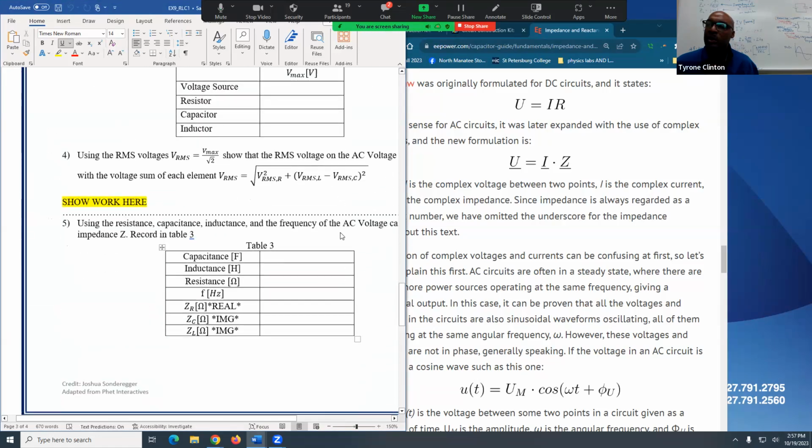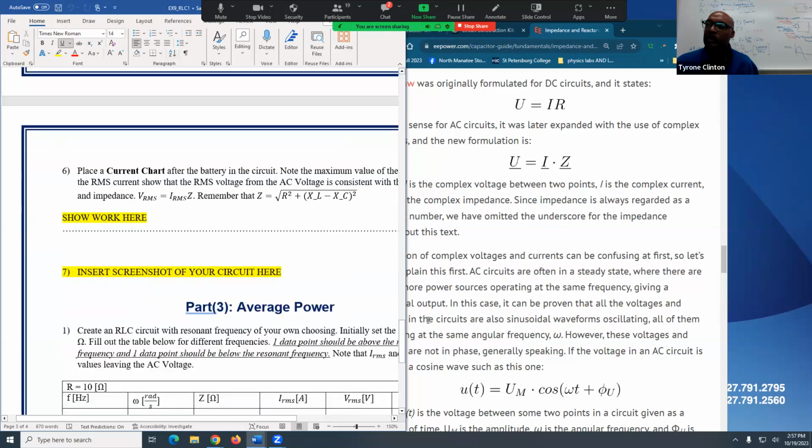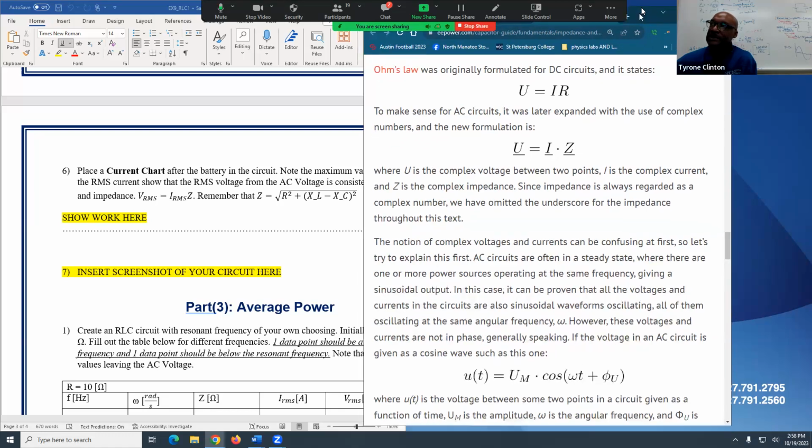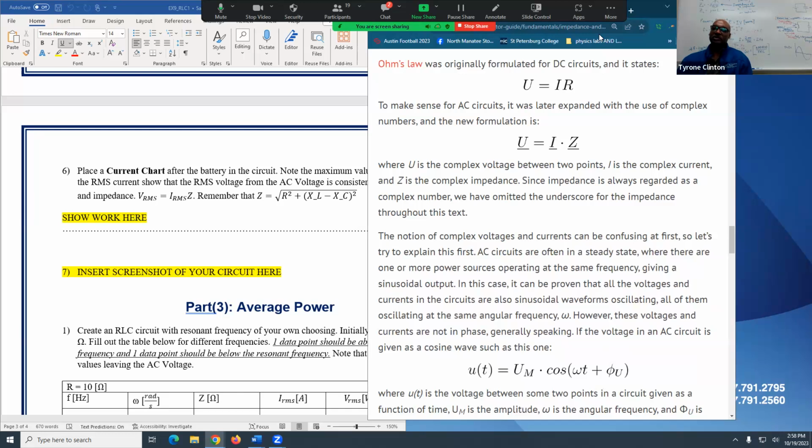Oh yeah, and in the U, it's actually a voltage, right? Not potential energy. Correct. Yeah, that's kind of weird. This is just the voltage. These voltages and currents are not in phase, and generally speaking, if the voltage in an AC circuit is given by this. So yeah, engineers, physicists, everybody uses different notation. So you just have to get used to it and adjust.